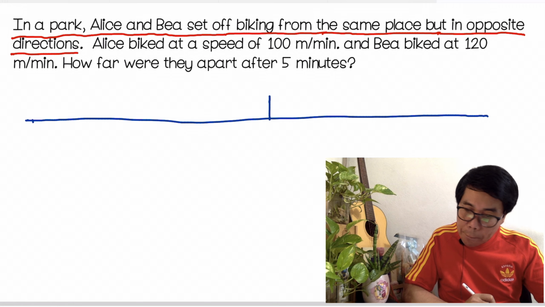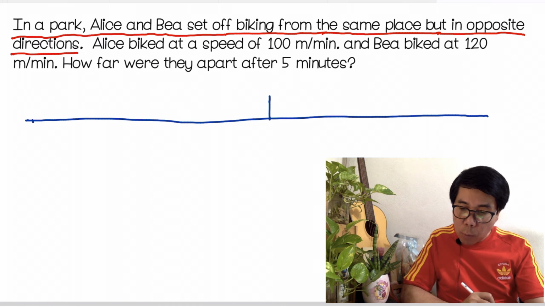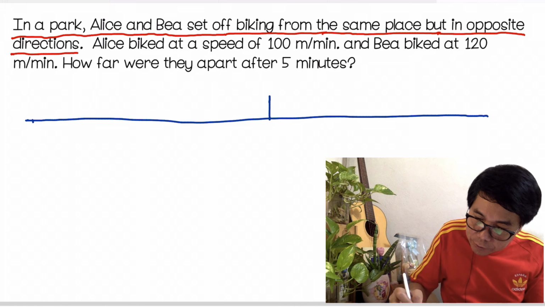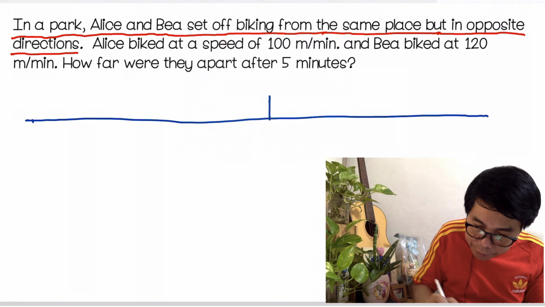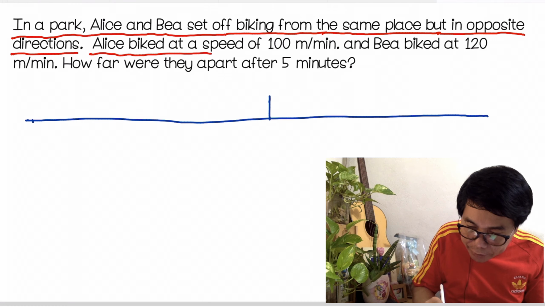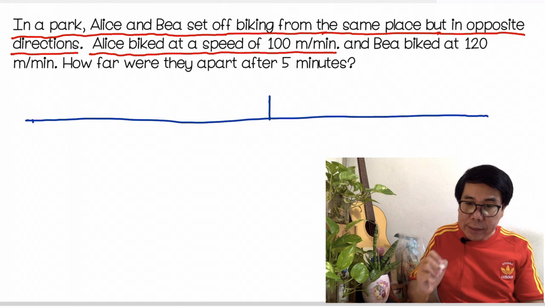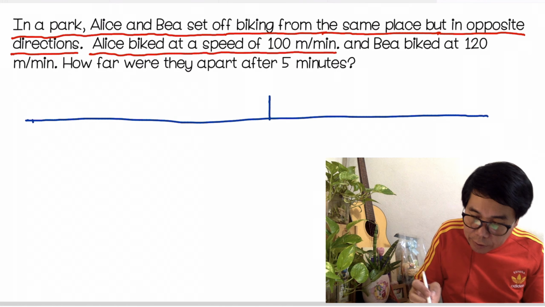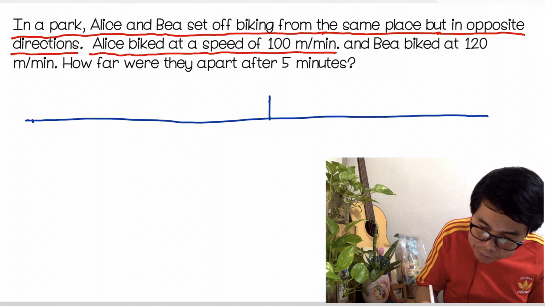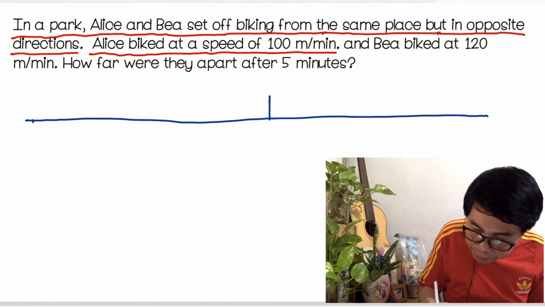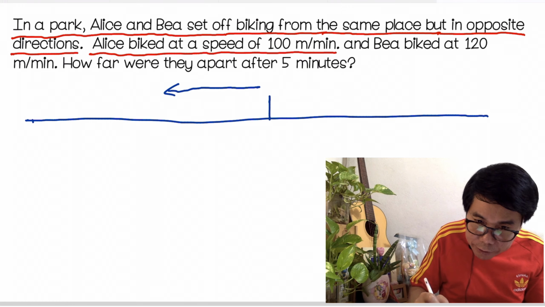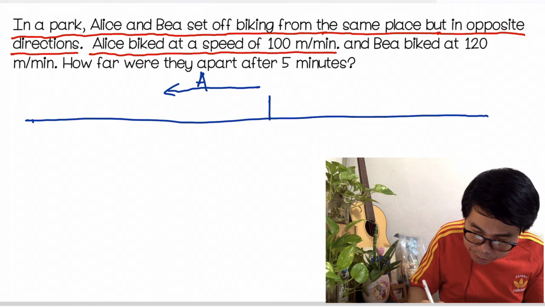Alice biked at a speed of 100 meters per minute. So let's go for Alice first. Let's use this one for Alice, going in that direction.